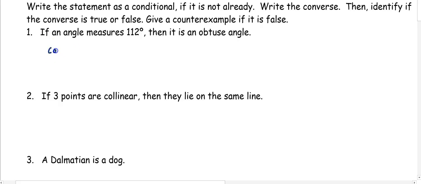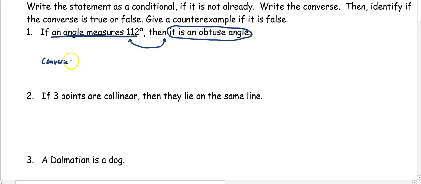So our converse, we're going to switch our hypothesis and our conclusion. They're going to switch spots to make our new converse. So our converse then is going to be if it is an obtuse angle, then the angle measure is 112 degrees.